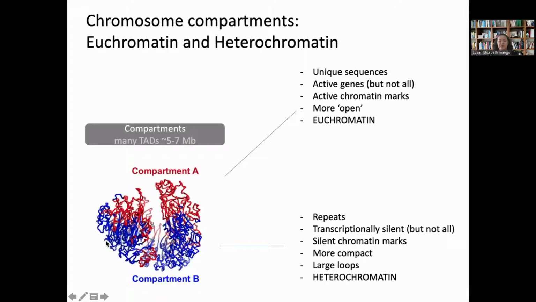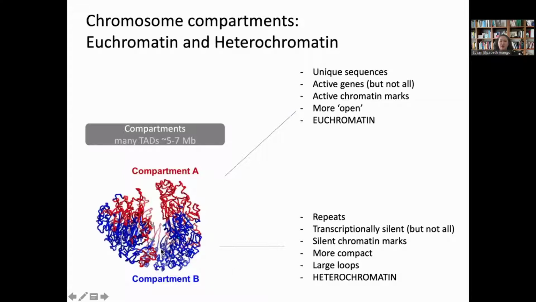If we look at this part, this is generally the heterochromatin. So it has a lot of repeats. It's much more likely to be transcriptionally silent, but certainly not all. And it has many more silencing marks. It's considered more compact.